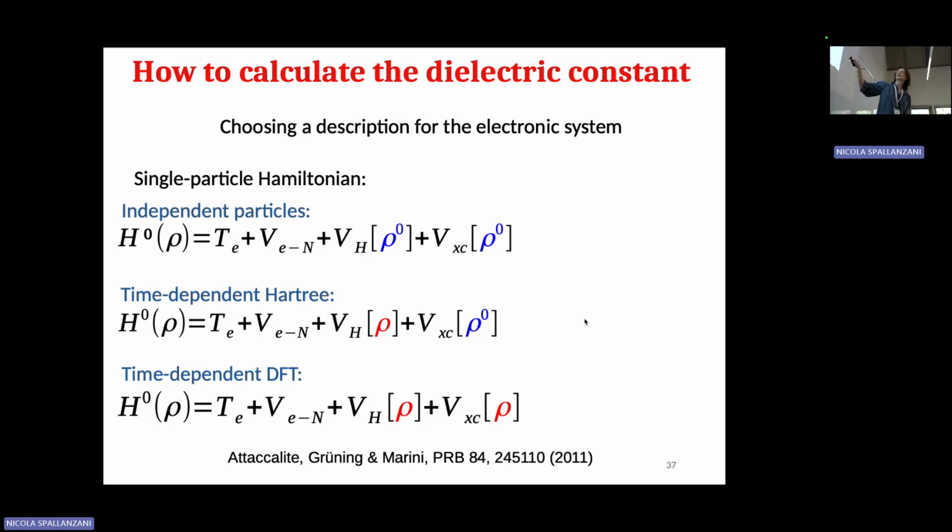In the first one, the density is considered to be rho zero. It means that it doesn't vary. It stays at the equilibrium condition, while in the second case, we allow the Hartree potential to depend on rho, which can vary and can be different with respect to rho zero.